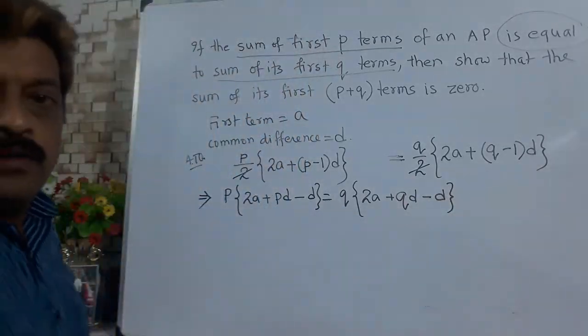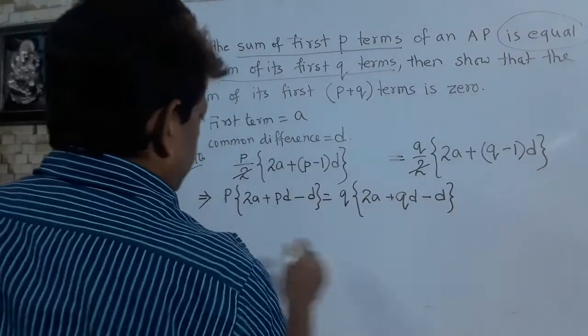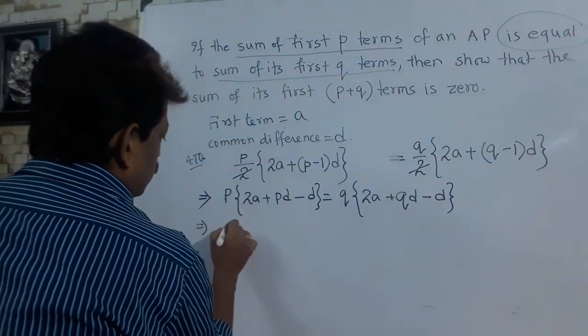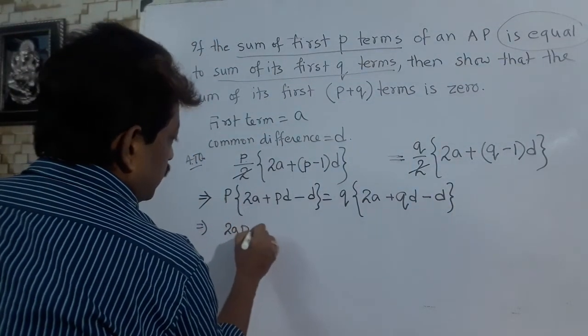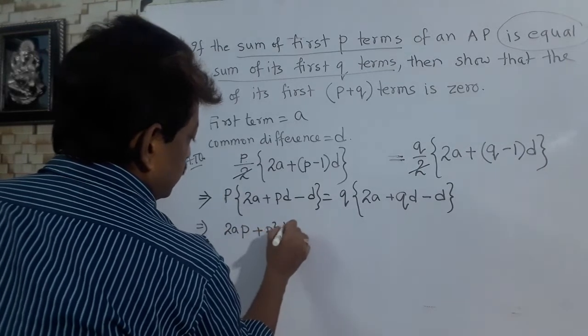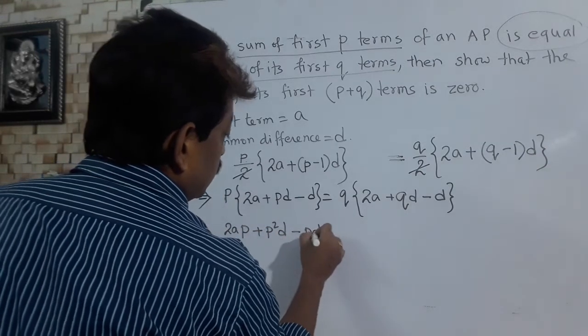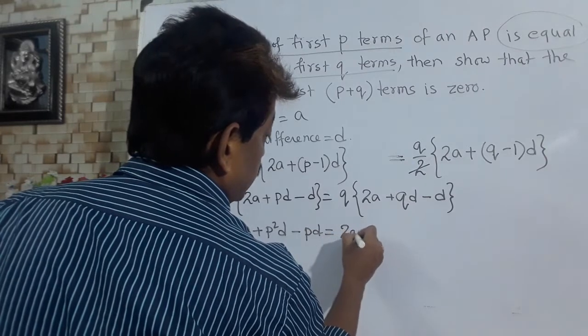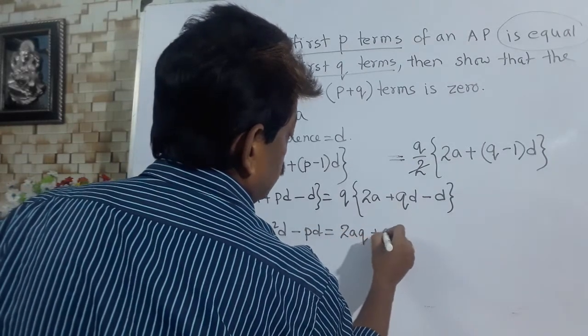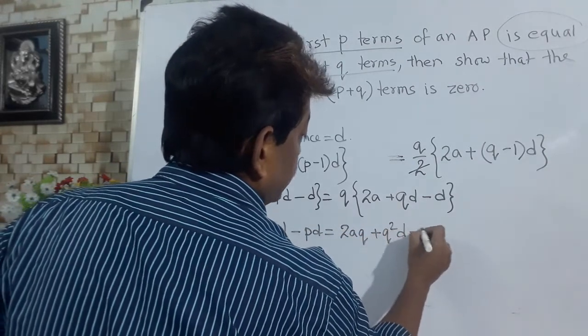Now let me simplify again. The whole thing will become 2ap plus p square d minus pd equals 2aq plus q square d minus qd.